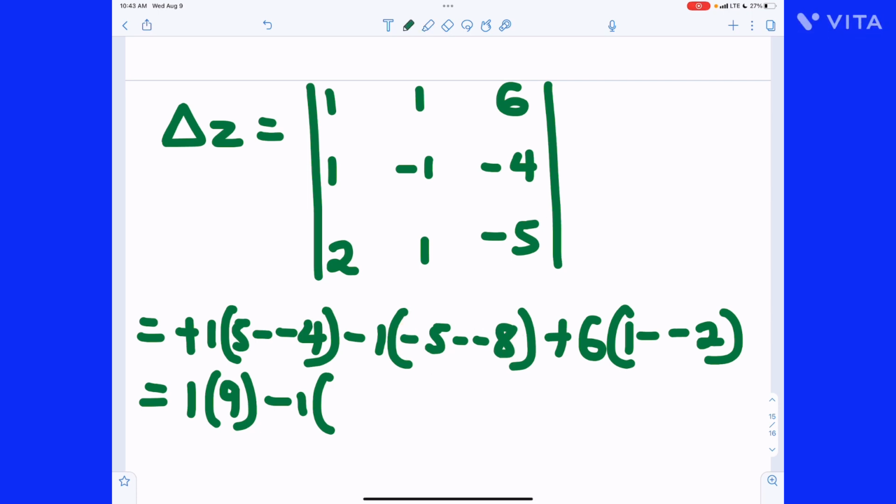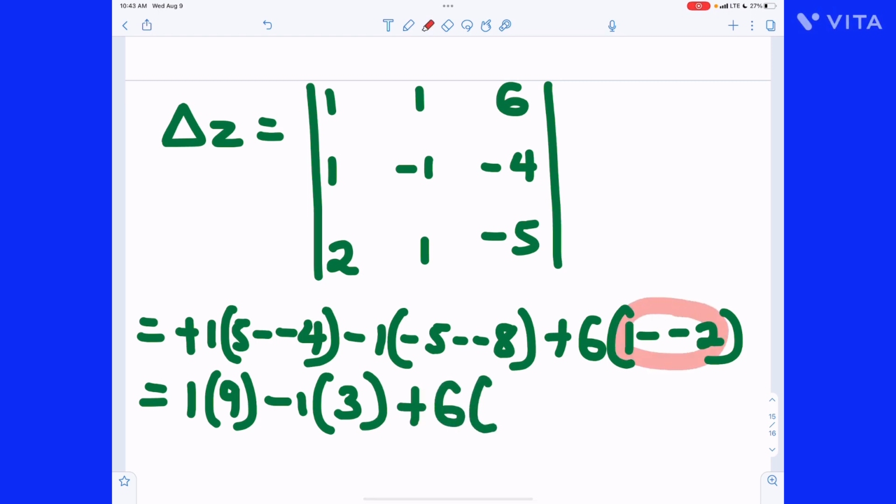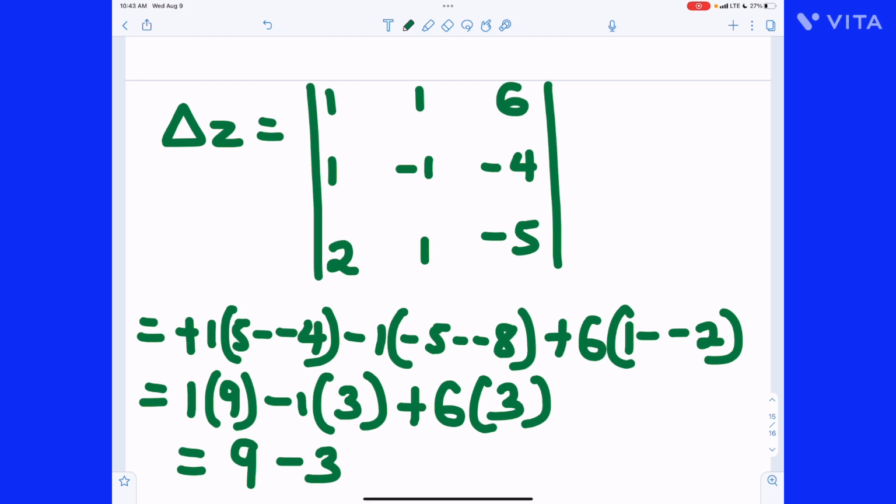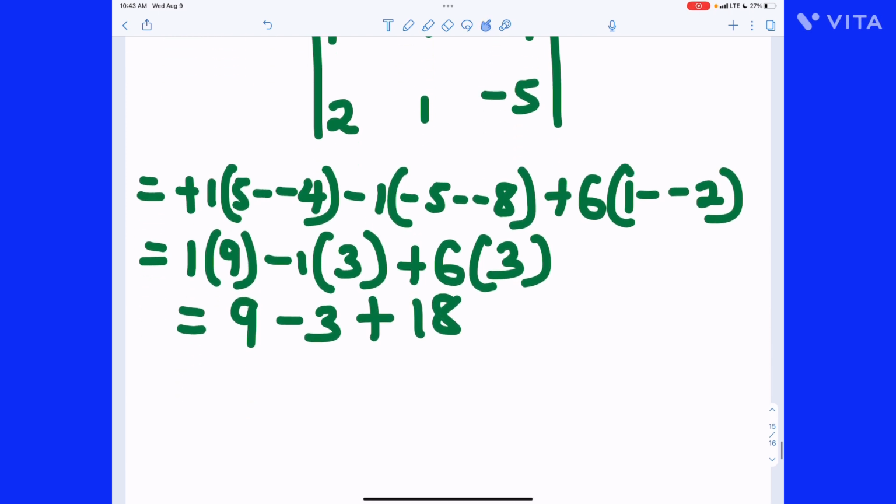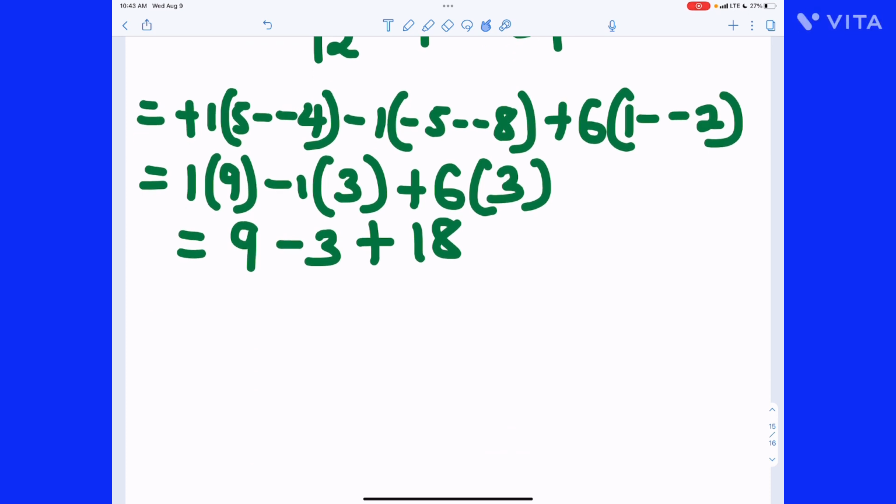So that's minus 1 times 3, plus 6 times 1 plus 2, which is 3. That's plus 6 times 3. So this is 9 minus 3 plus 18. That's 6 plus 18, 24. So delta z is 24.